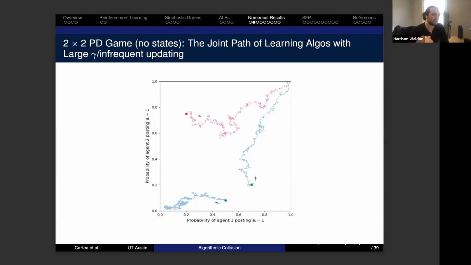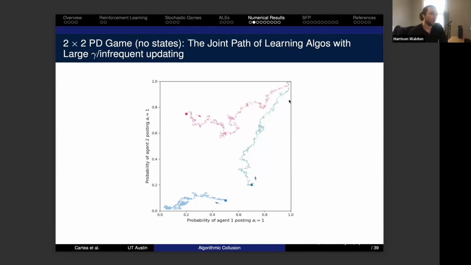So the horizontal axis corresponds to the probability of agent 1 quoting wide, and the vertical axis is the probability of agent 2 quoting wide.